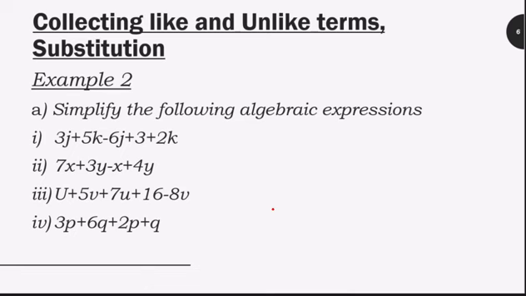Collecting like and unlike terms is a similar thing to what we were doing in addition and subtraction, except that here we focus on the concept of grouping like terms, the terms which have the same letters.